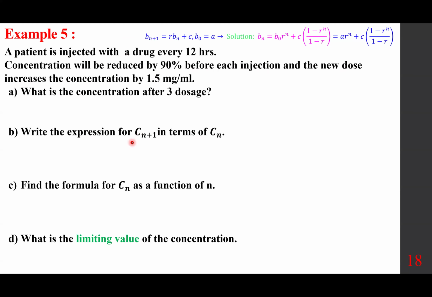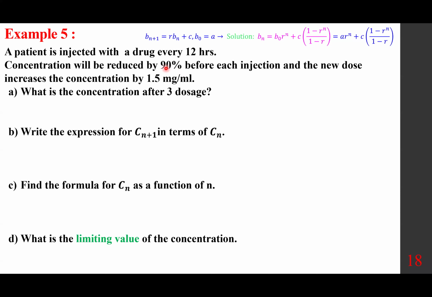Now, before we answer this question, let's write the given. So every 12 hours, this is a time step. Very important number, but it doesn't enter anywhere in this formula. Concentration will be reduced by this much. So what is left is the rest of it. So B sub 0, we're going to call it C sub 0 or A 0 because we're dealing with the patients.